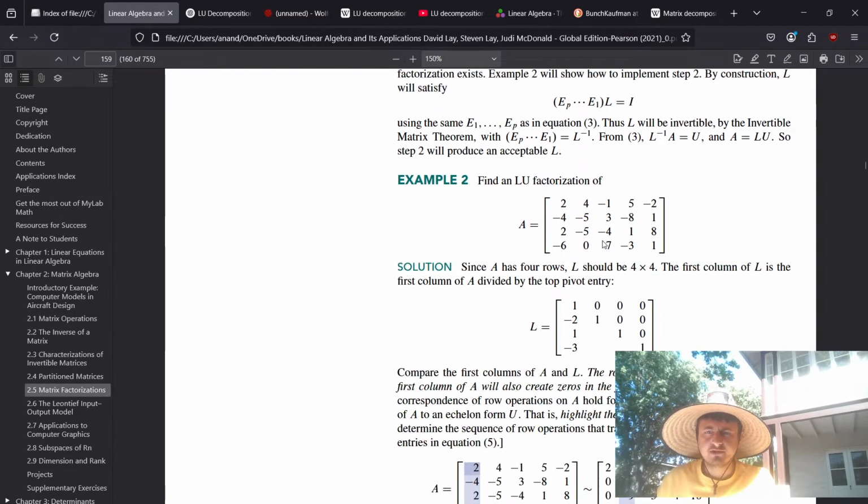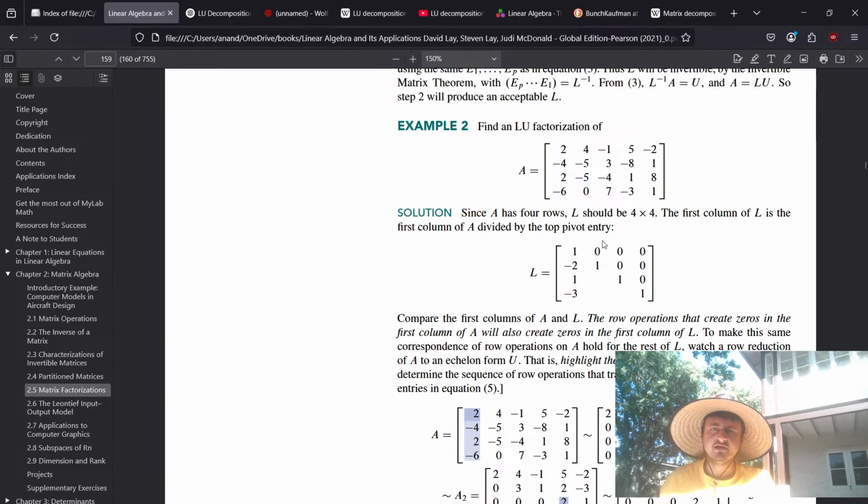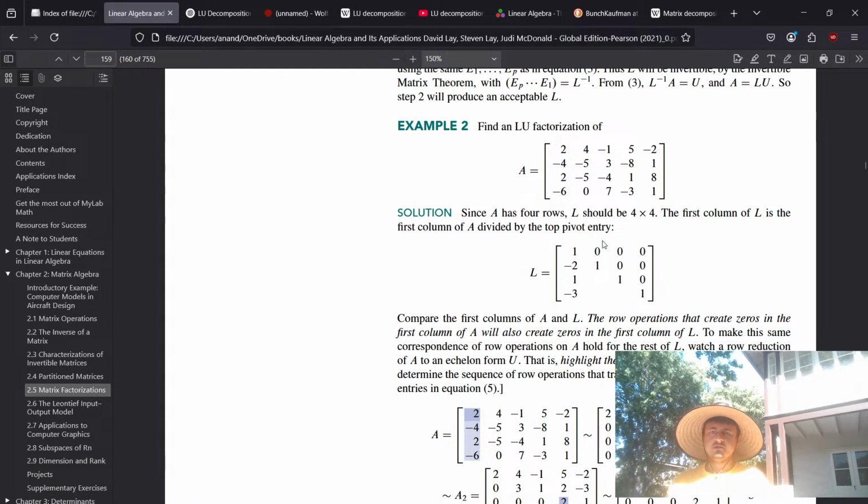Yes, you get the row operations. All right, so find an LU. We could work through this. I'll do it. This is a big matrix.